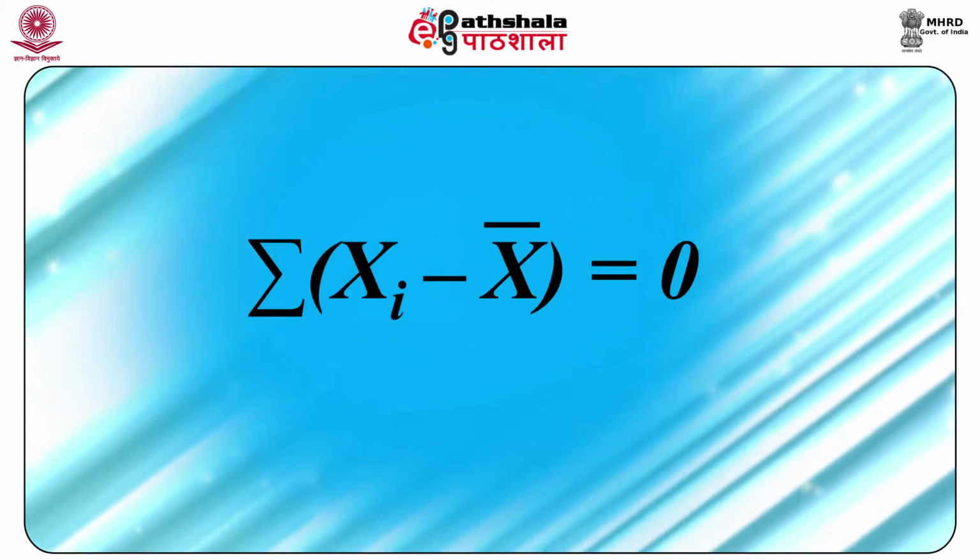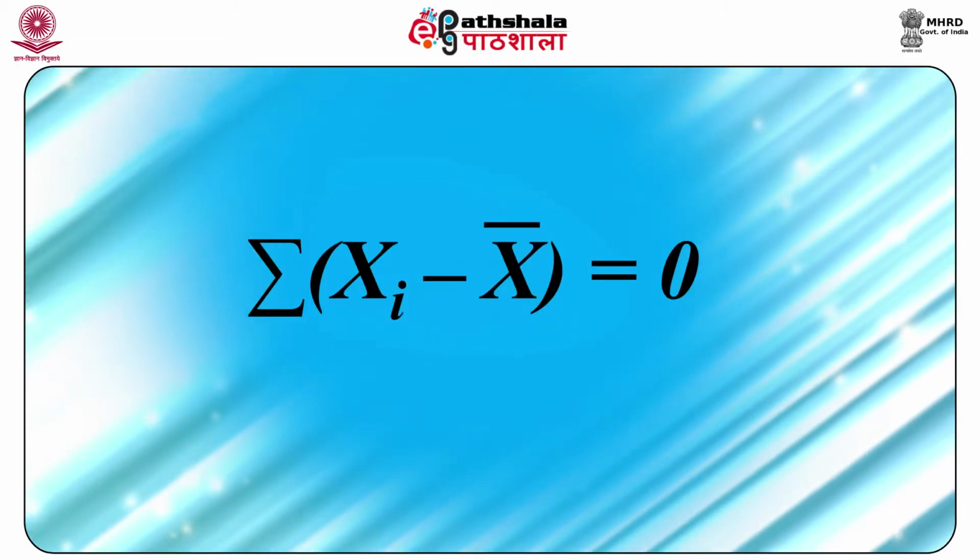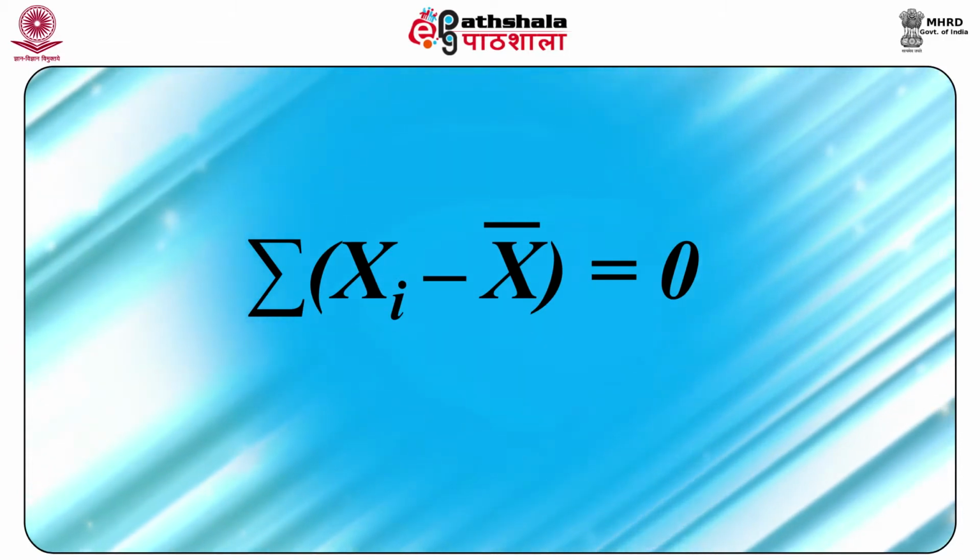We can see it from this figure 4, where the sum of the positive deviations is equal to the sum of the negative deviations for all values of x. In other words, as discussed earlier, the line of best fit passes through the mean values of y for each x value. The arithmetic mean has the property that the sum of the deviations from it is always 0. That is, sigma (xi minus x bar) is equal to 0.